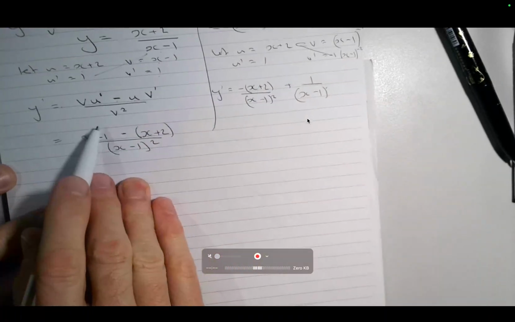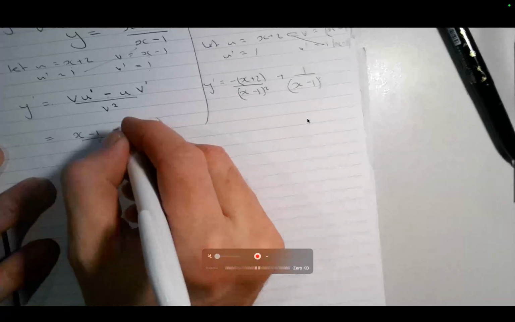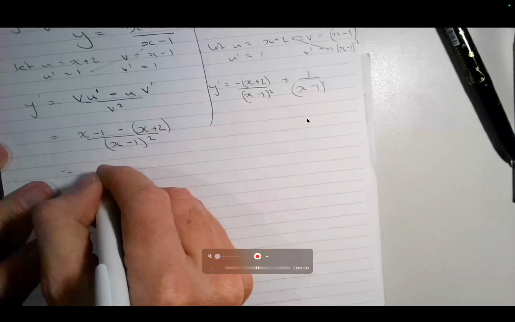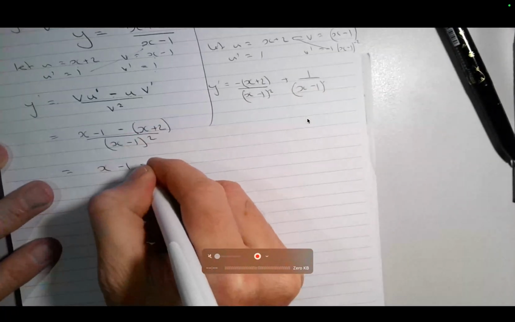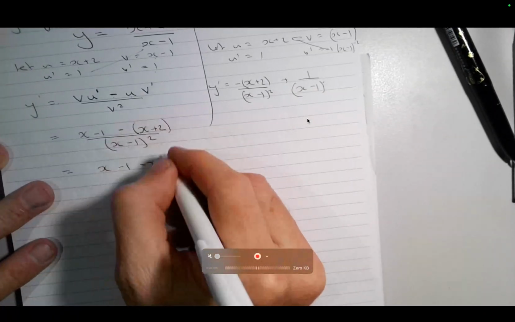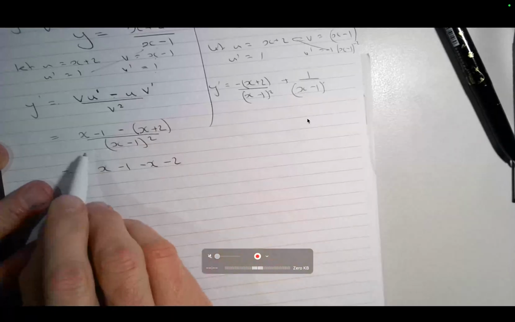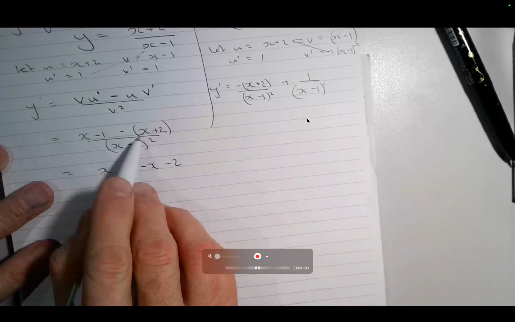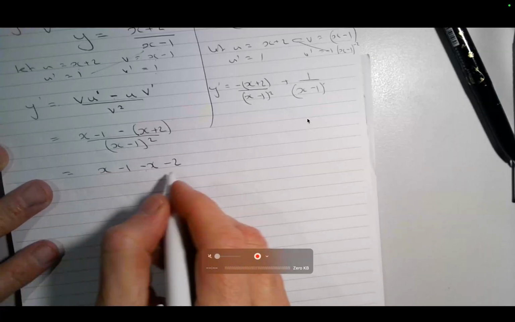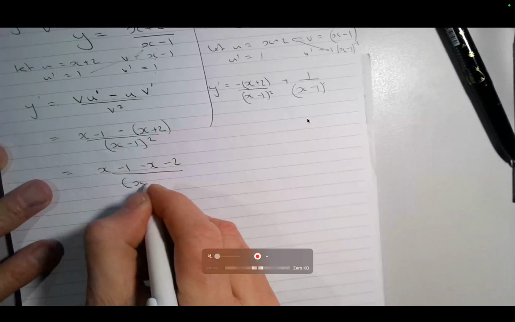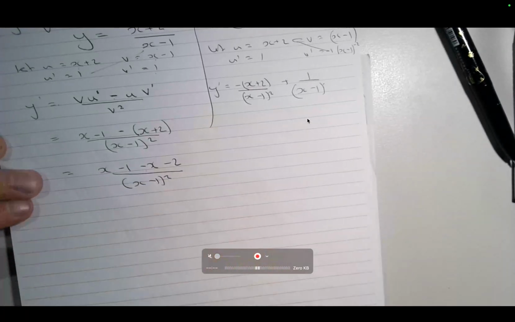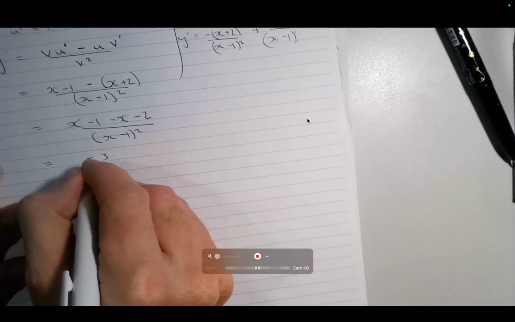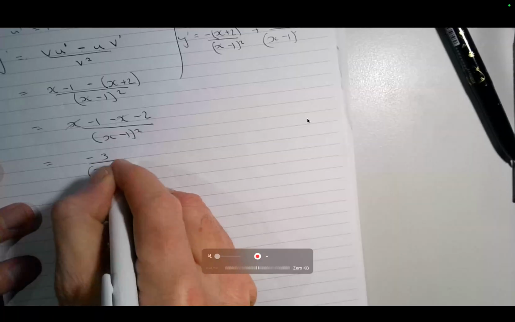Now, let's just finish this off. If we expand this numerator, we're looking at x minus 1 minus x minus 2, over x minus 1 squared. The x's cancel, so this is minus 3 over x minus 1 squared.